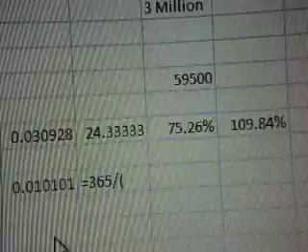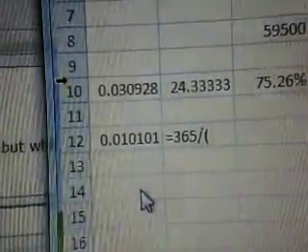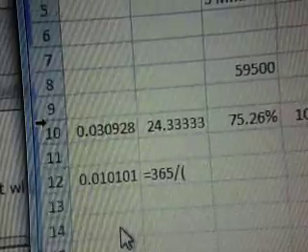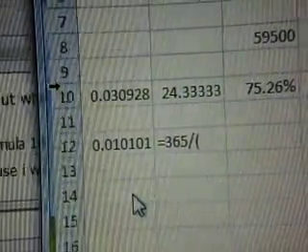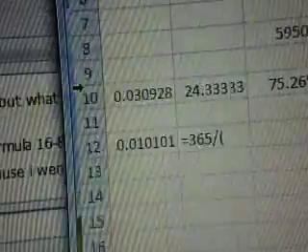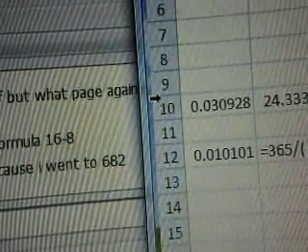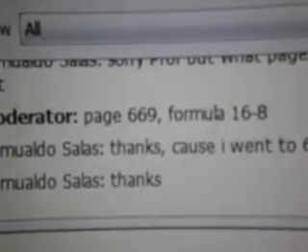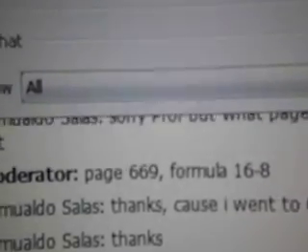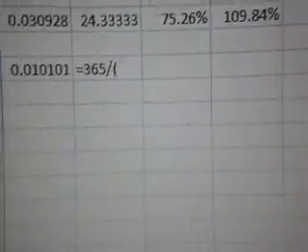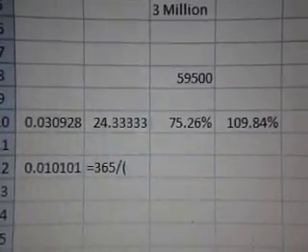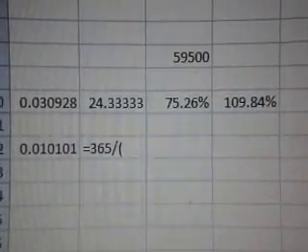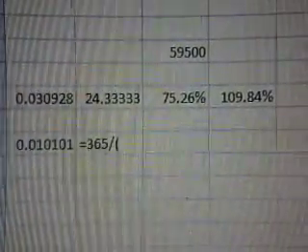It's okay, come back to 669, that is the formula we are using. 682 is the problem that we are solving. So we are getting the information from 16-4 problem, and we are using formula 16-8. Okay. So look at the second part of the formula.